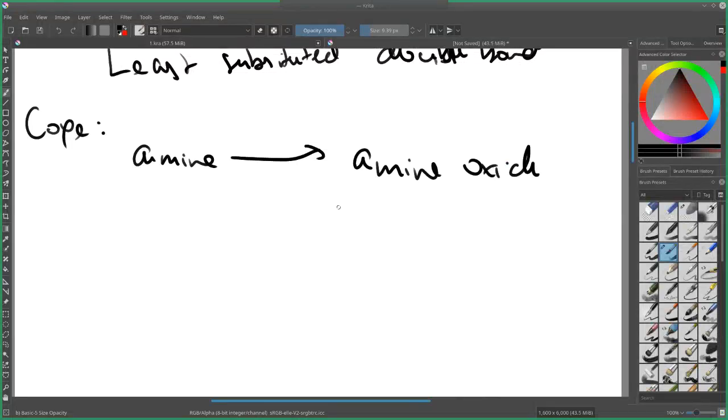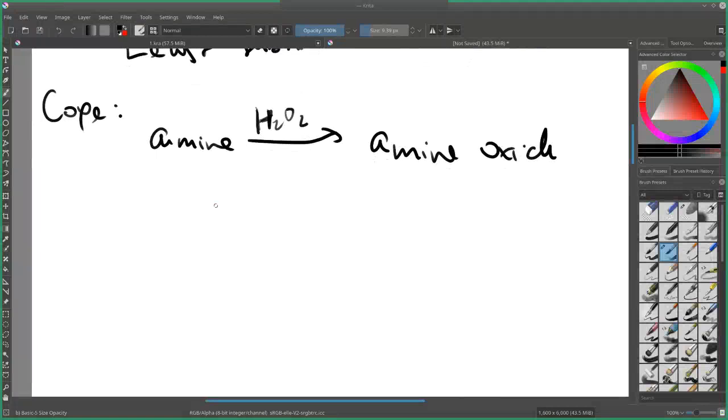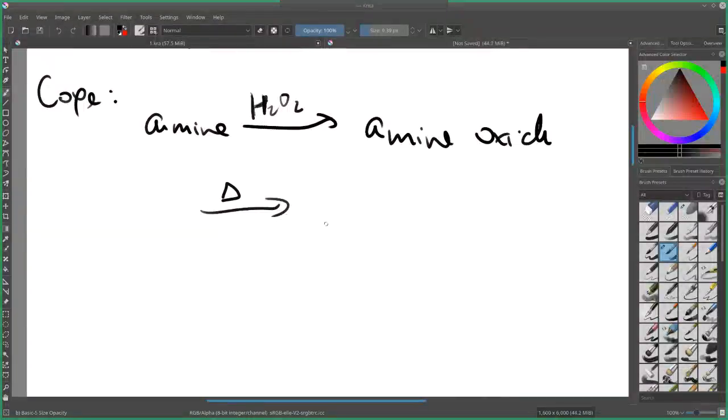And if you want to oxidize, what's a nice way to do it? Hydrogen peroxide is one way. So we can use hydrogen peroxide to go to an amine oxide, and then from there, heat this, and you get a double bond there.